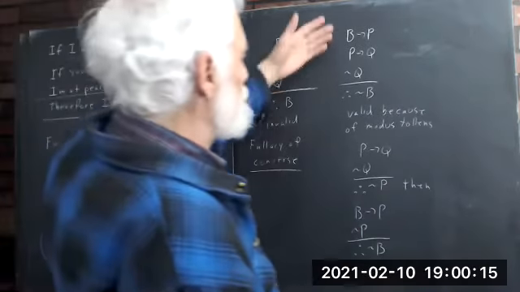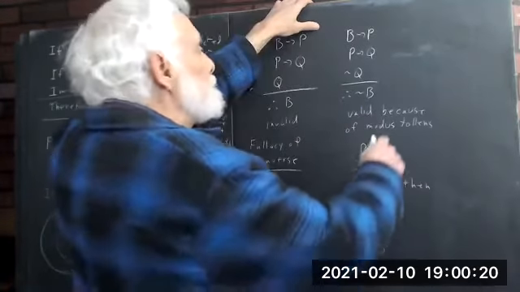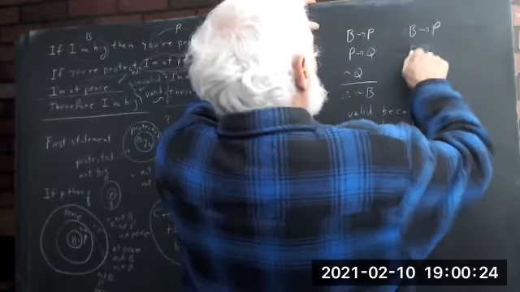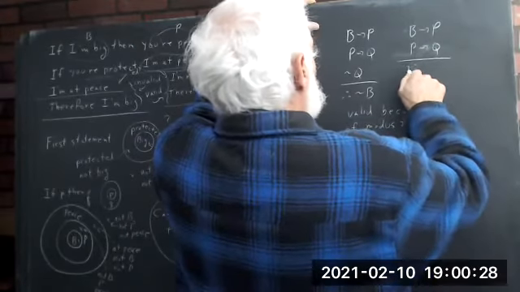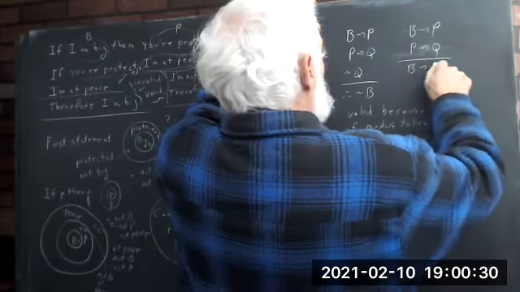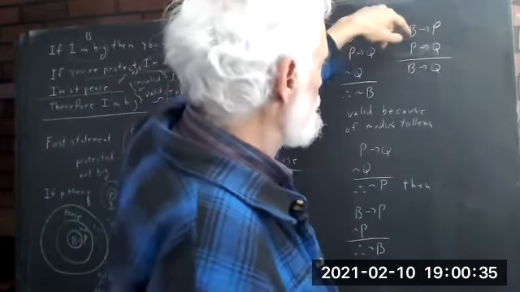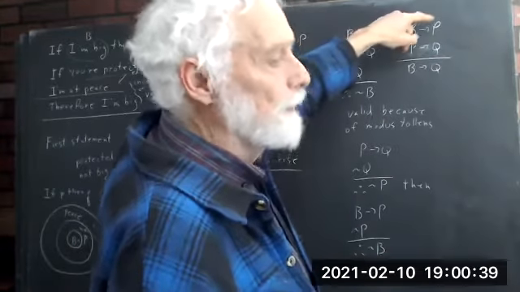Another way to structure this argument is: if I'm big, you're protected.